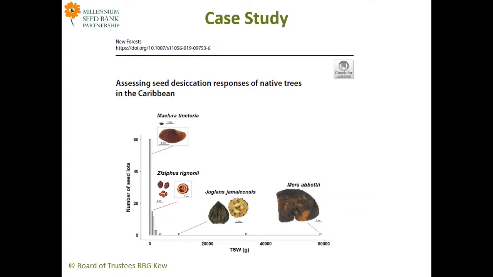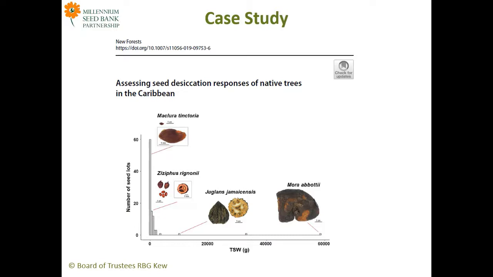With all the caveats of the 100 seed test, it's still a very effective tool for guiding seed conservation, particularly for woody species or those with small collections. In 2019, Montana and colleagues set out to assess seed desiccation responses for native trees of the Caribbean. You can see here the number of seed lots that they have to work with is very limited, and therefore would not be suitable for the comprehensive method.